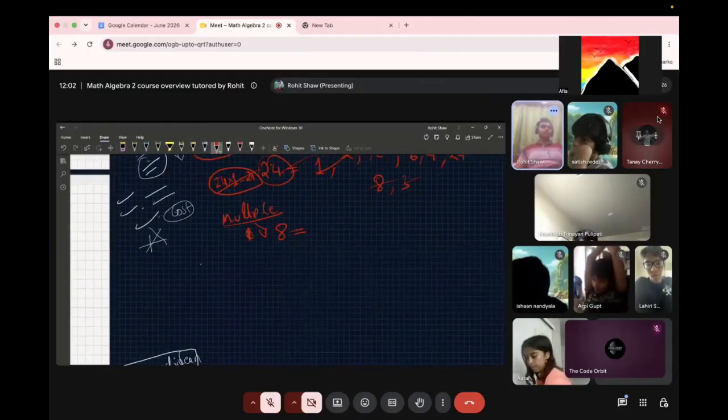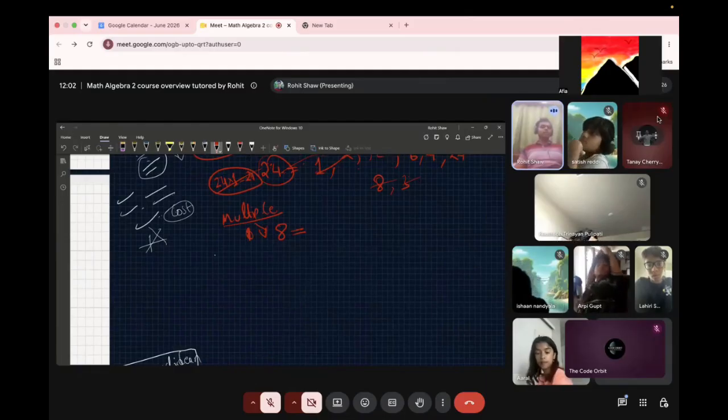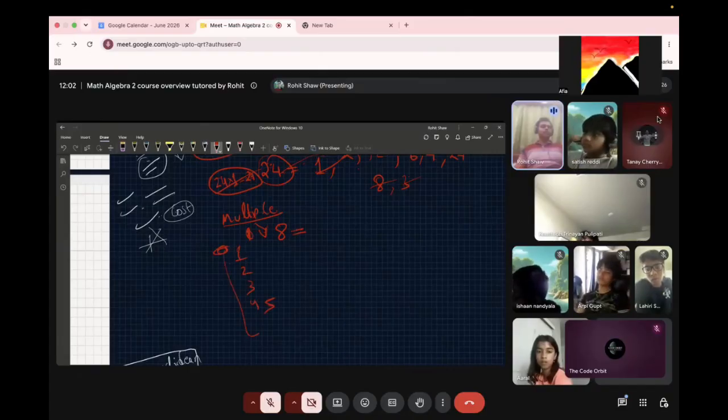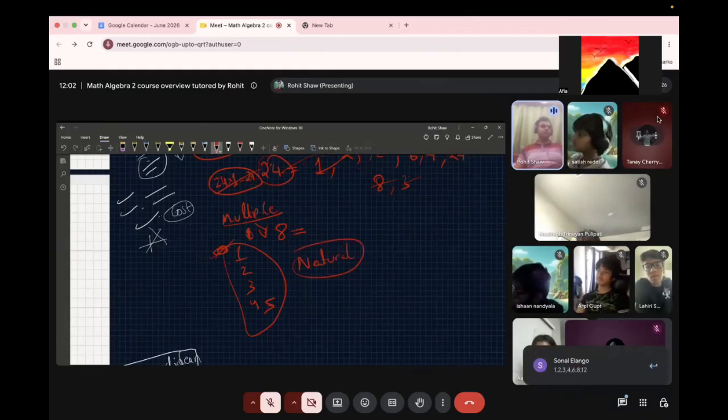Multiples are the numbers which are formed by multiplying the number with an integer. So what can the integers be? Integers can be 1, 2, 3, 4, 5. Or rather than integers, you can say natural numbers, because these are natural numbers. 0 can't be included.